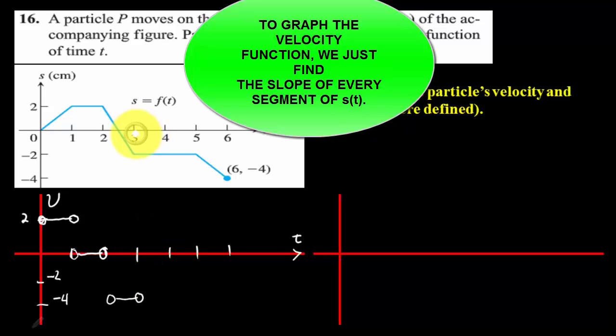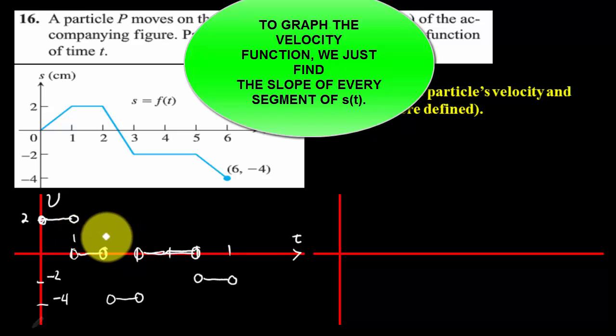And then what happens between 3 and 5? You have a standstill again, so the velocity is 0 from 3 to 5. And then between 5 and 6? What is the change in y over change in t? It has a displacement of 2 centimeters in the opposite direction. It's going to the left, so it's negative 2 from 5 to 6.